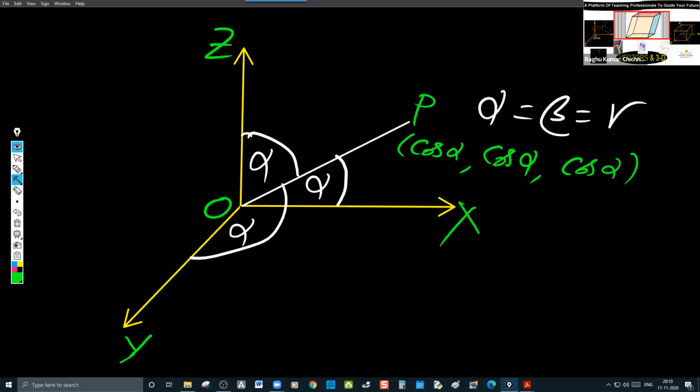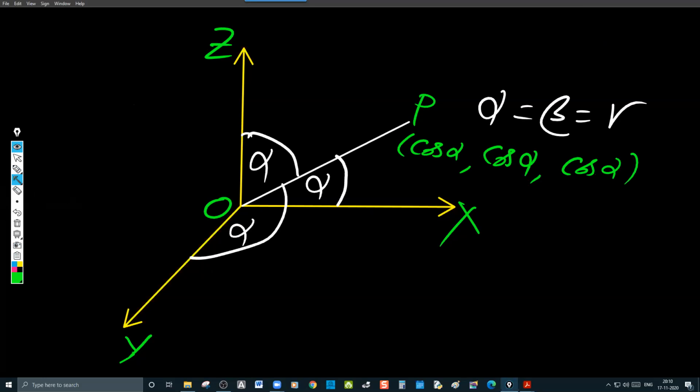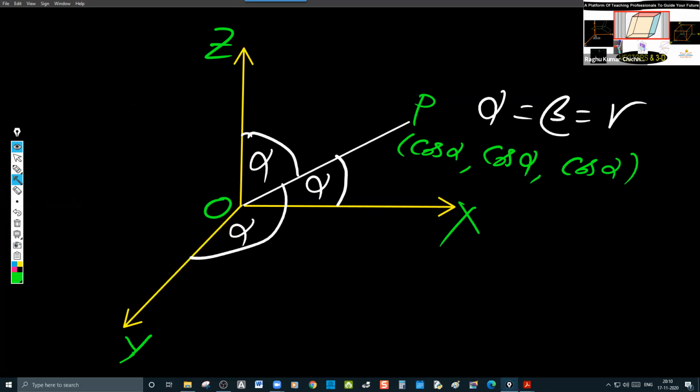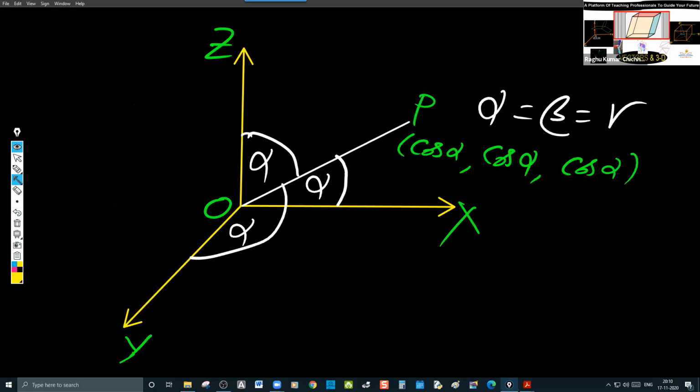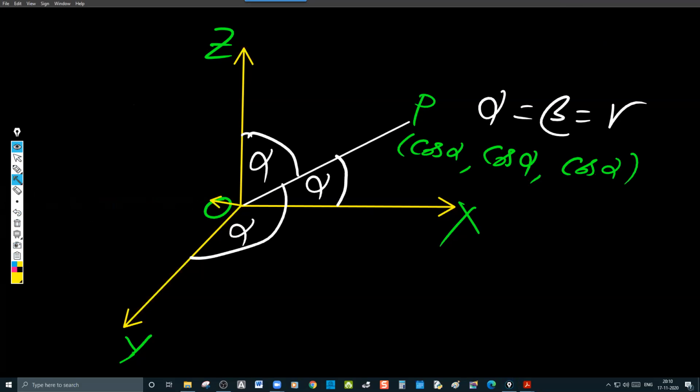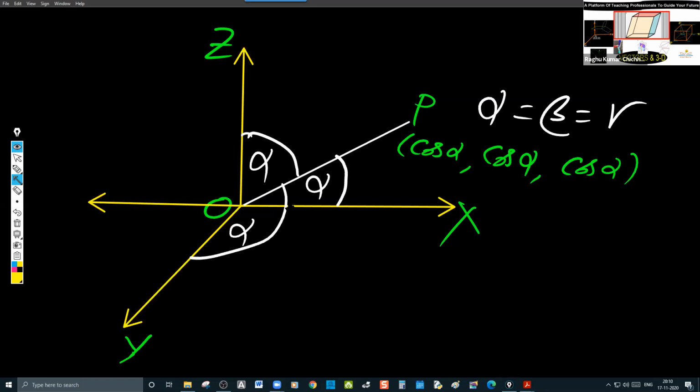See, in the first octant, let me extend this for your better understanding. This is the negative x-axis. And this is the negative y-axis. This is the negative z-axis. How many octants are there? 8 octants are there.